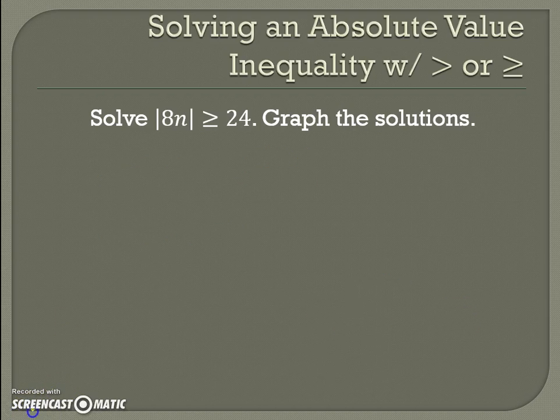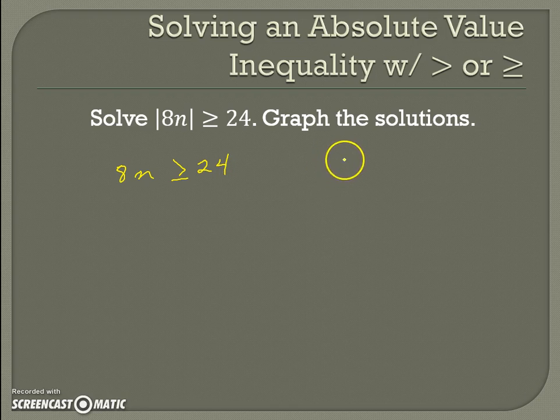All right, let's take a look at this other scenario, and this is when you have a greater than or equal to. Now, if you recall, you go back to that chart that I had you copy down at the beginning of the video. This tells you that you are making 2 different inequalities. So this first one I just write as it is. I have 8n is greater than or equal to 24.